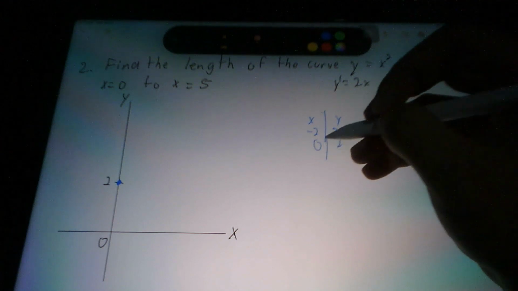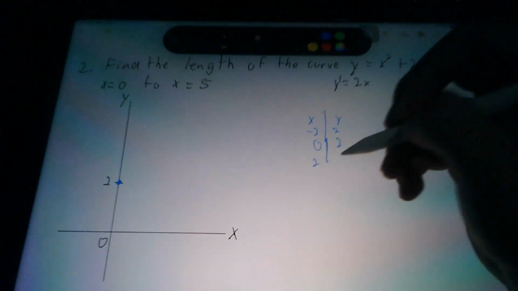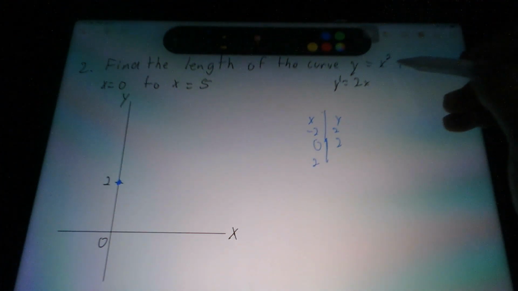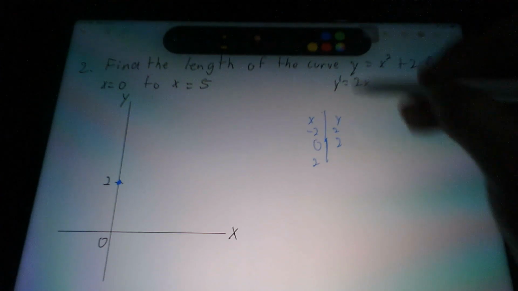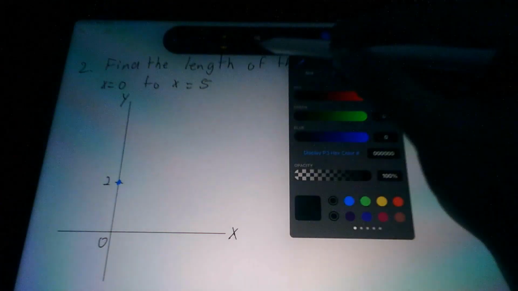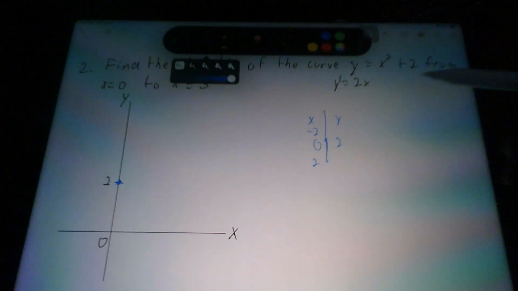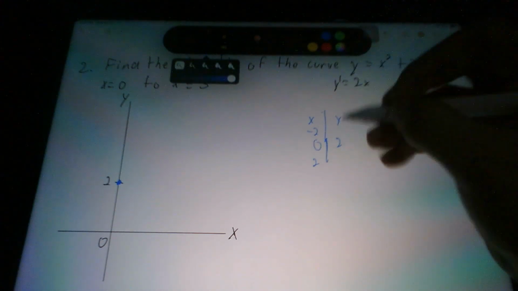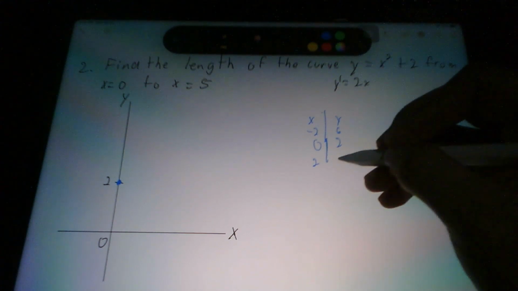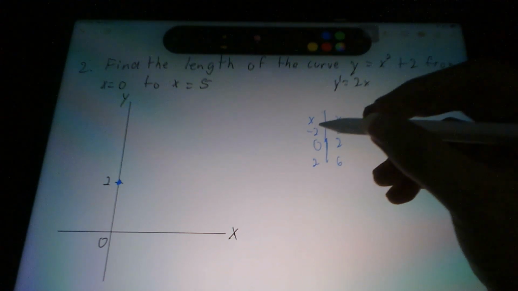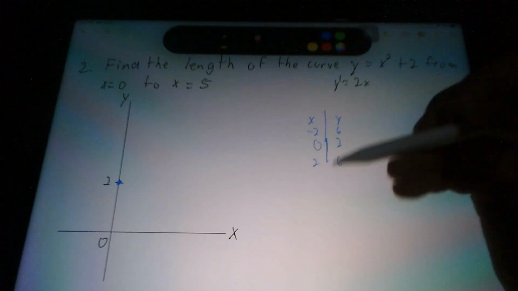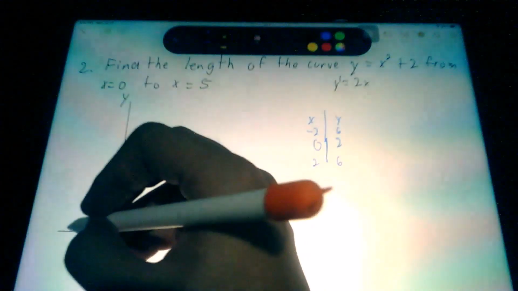Negative 2 raised to 2 is 4, plus 2 is 6, so y is also 6. So the points of our parabola go from negative 2, but we don't mind that.